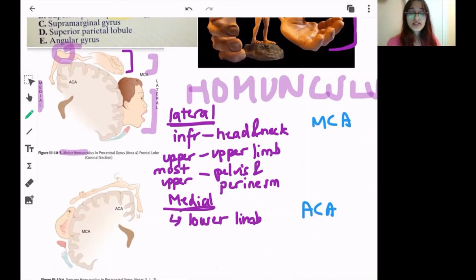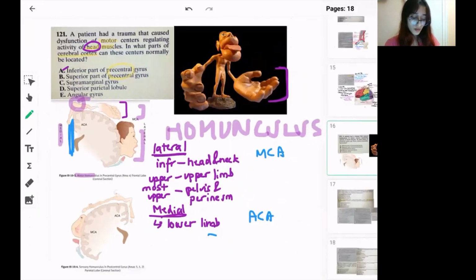So if there's a lesion or ischemia in the region supplied by the middle cerebral artery, the lower limb will be spared because it is supplied by the anterior cerebral artery. The anterior cerebral artery supplies the medial regions, and what area of the body is present on the medial side? The lower limb. That is why in an anterior cerebral artery problem, there will be problems in the motor function of the lower limb.